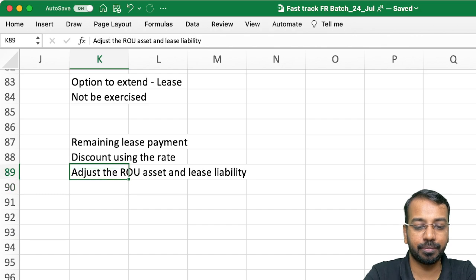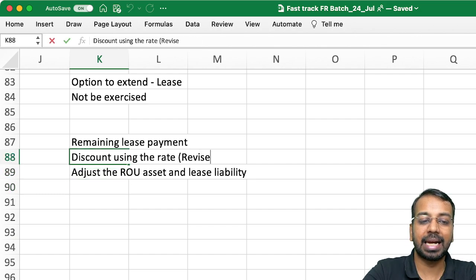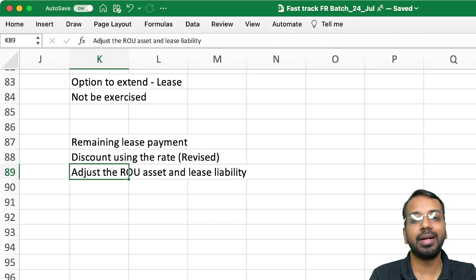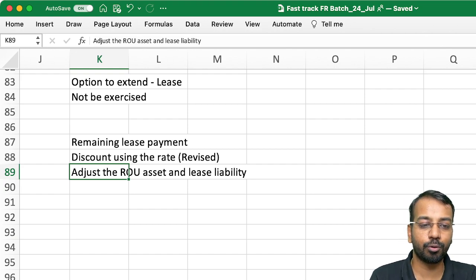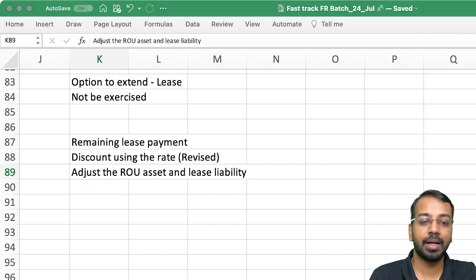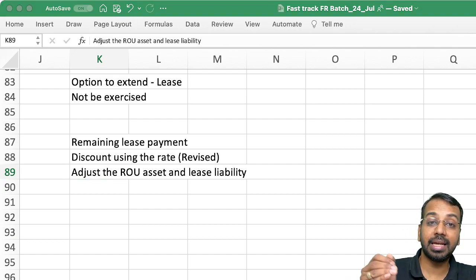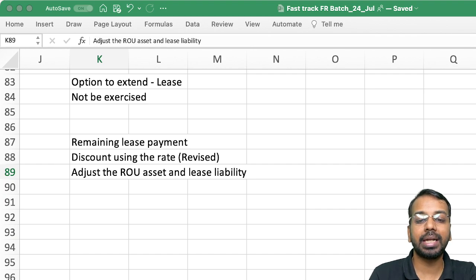Let me note it here. Revised discount rate, adjust the lease liability, and the corresponding adjustment should happen to the right of use asset only. Once again, if there is a reassessment of lease term or reassessment of purchase option, you will use the revised discount rate and remeasure the lease liability and the right of use asset.